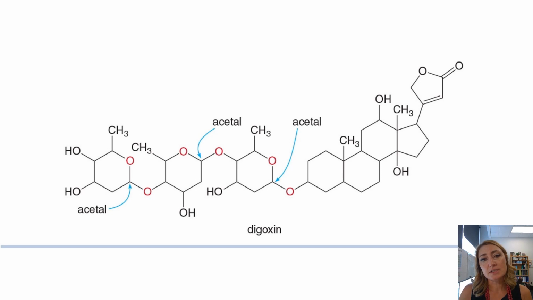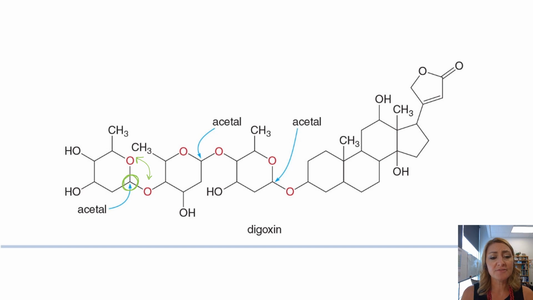So your book has already done this for us, but I want to talk to you about how to find those. So we are always looking for oxygens. So these oxygens are in red right here. We want to look at the carbon that's in between those oxygens, because we know that we could have an OR or an OH group coming off of both of those, and that's going to determine whether it's a hemiacetal or a full acetal, hemiketal, ketal.